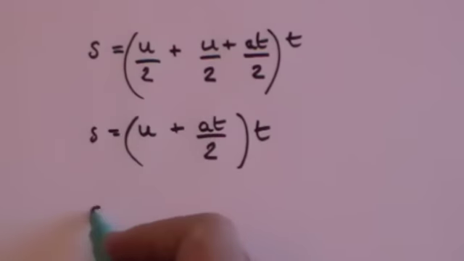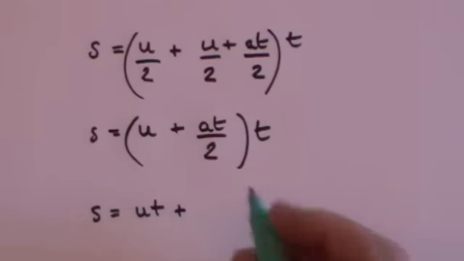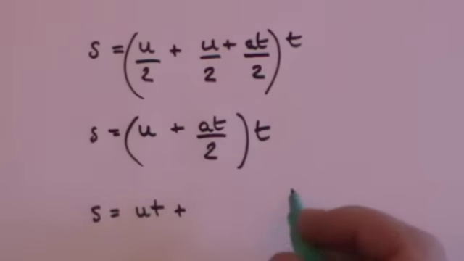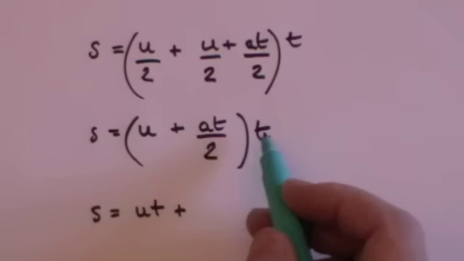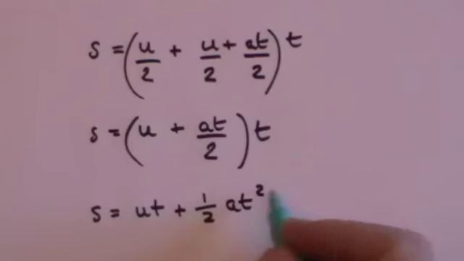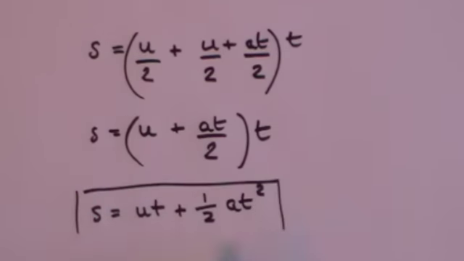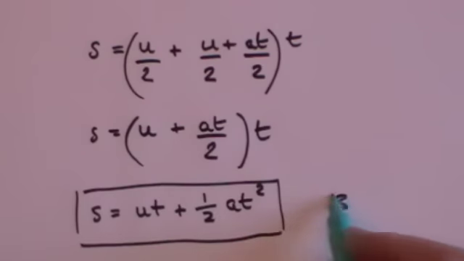And that is u times t plus at times t, which is at squared over 2, so plus a half at squared. And that is the third Suvat equation.